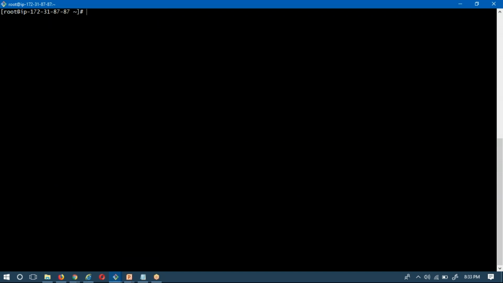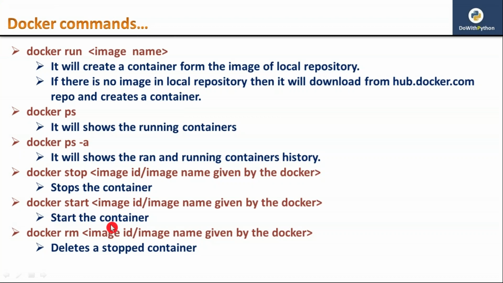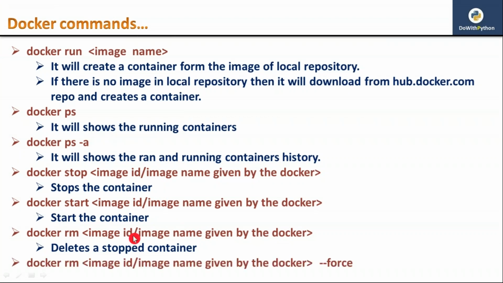Suppose your container is running and you want to delete that running container. Yes, you can delete it using docker rm, but with the extra option --force. But make sure that there is no dependency on your container. If some container is depending on your current container, then deleting it forcefully will create a problem.